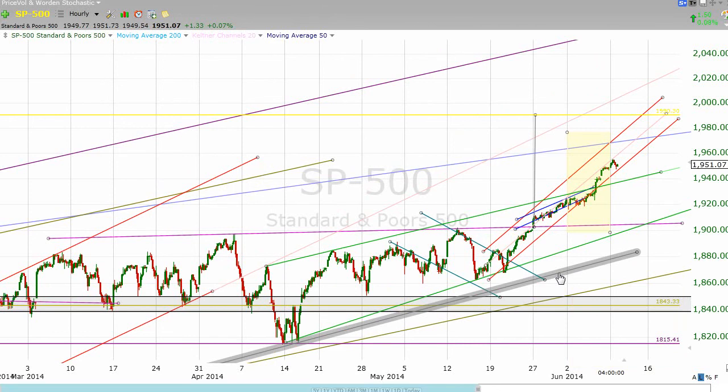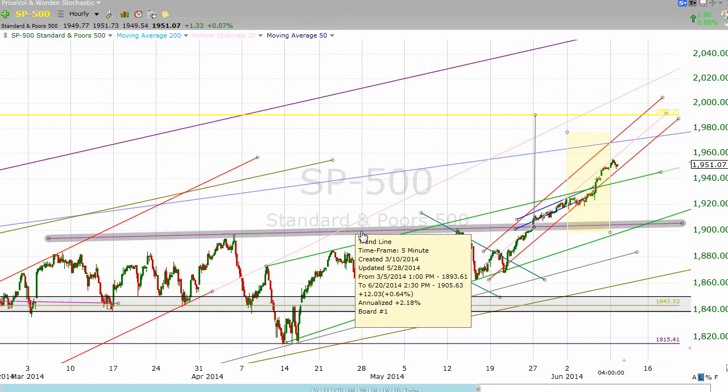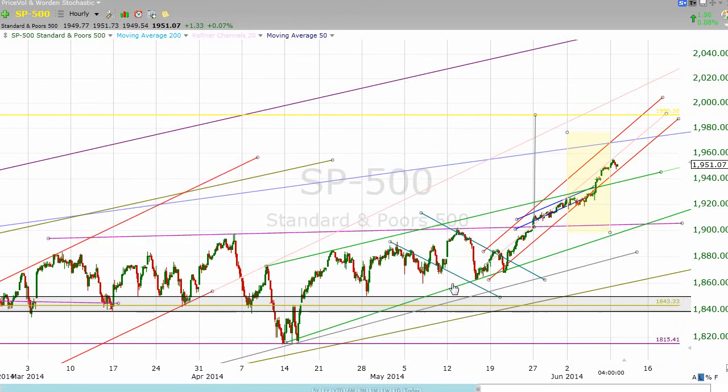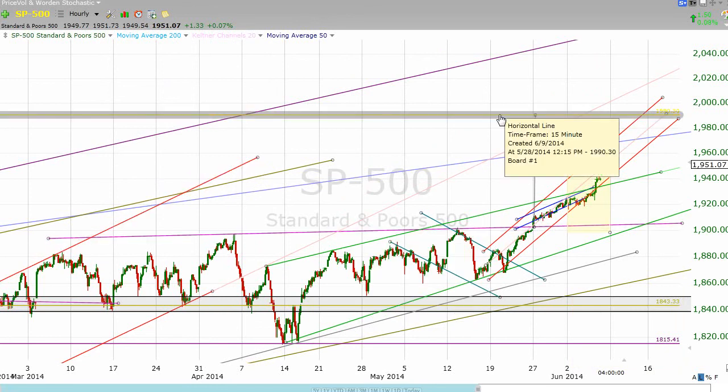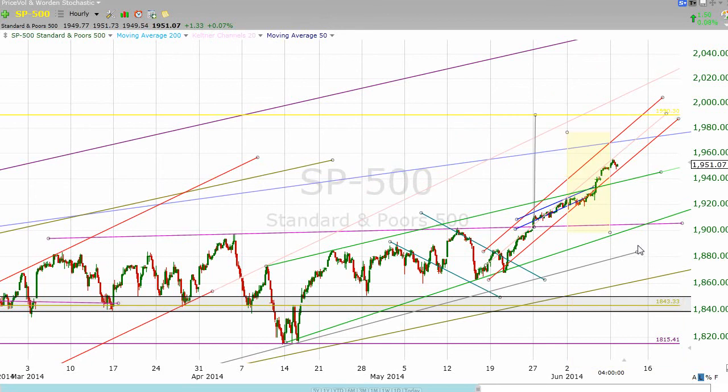We can't go sideways for much longer. And thank goodness now we are over this neckline right here. And because of the depth of this pattern, we've got that 1990 target in our crosshairs.